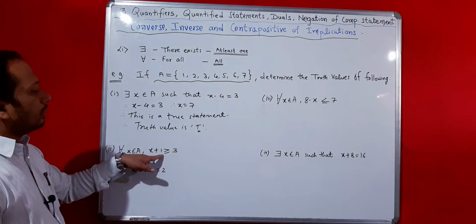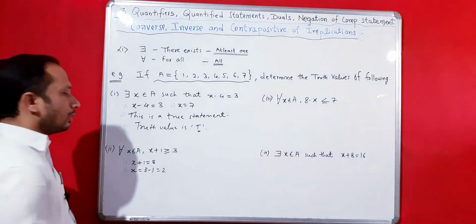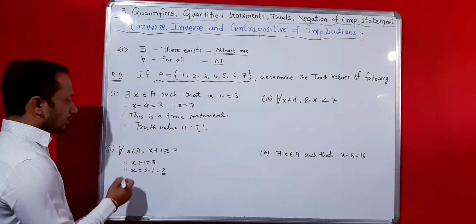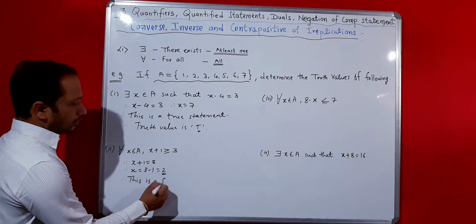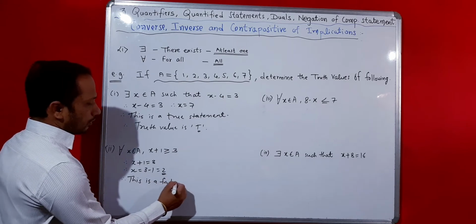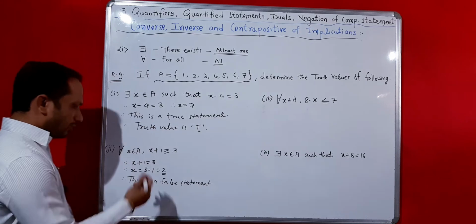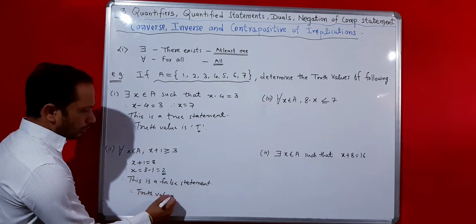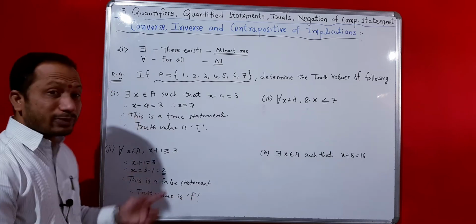The given statement requires the number to be greater than or equal to 3, but 2 is not greater than or equal to 3. Therefore this is a false statement. You have to write in short the truth value, therefore the truth value is F.